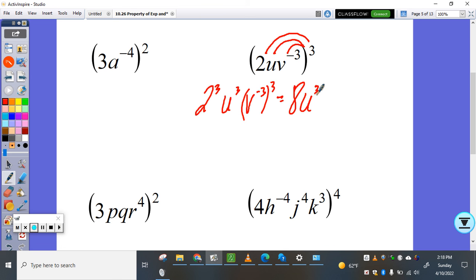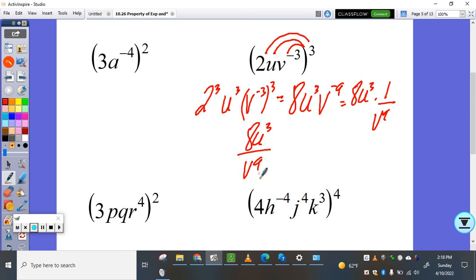We have u to the 3rd, and we have v to the negative 9. So again, I've got to fix this. So we have 8 u to the 3rd times 1 over v to the positive 9, giving me 8 u to the 3rd over v to the 9th.